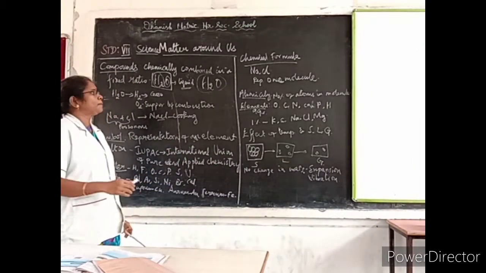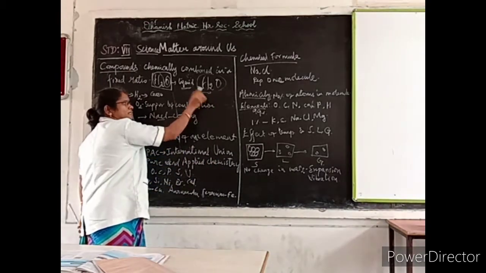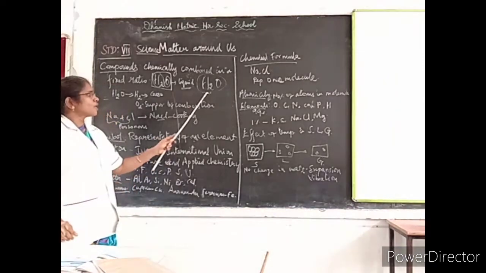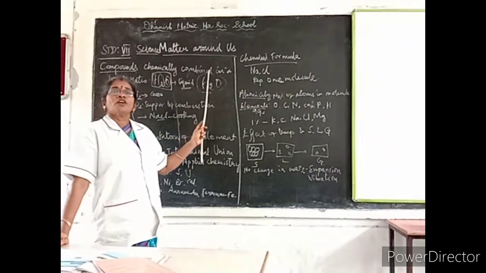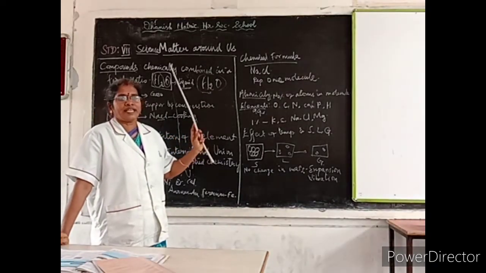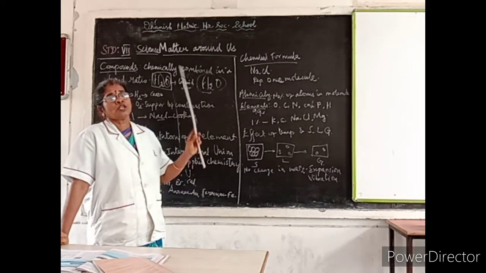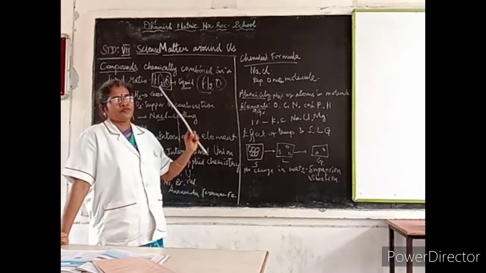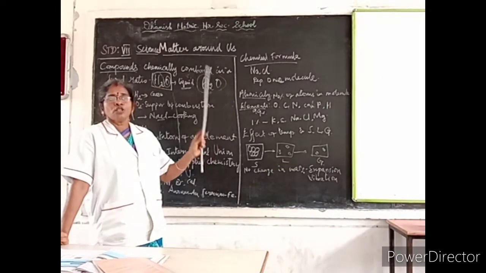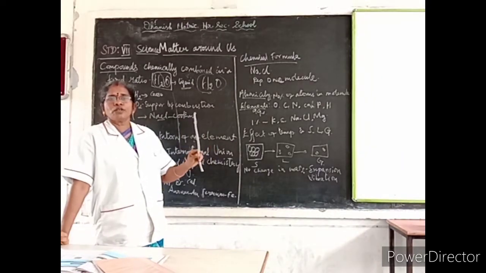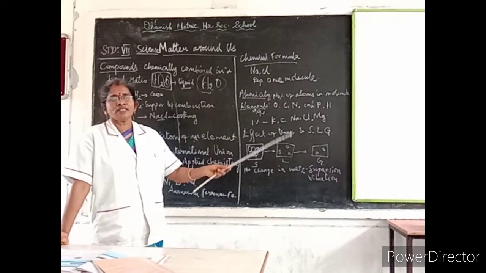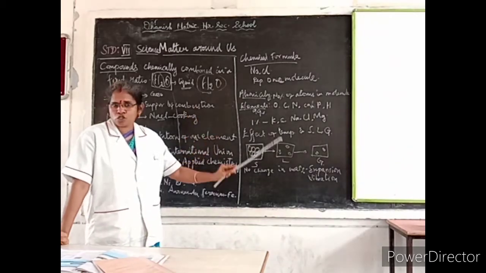Another important property of water: water is used as a fire extinguisher. Fire extinguisher means to put off fire. If anything catches fire, to put it out, you pour some water on it, so the fire will be stopped.